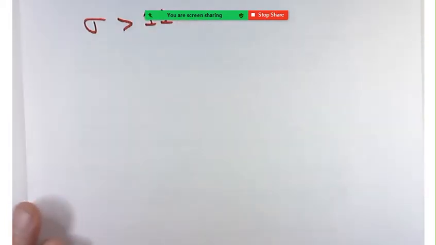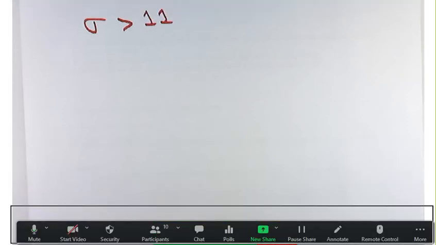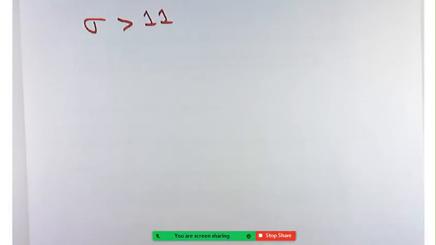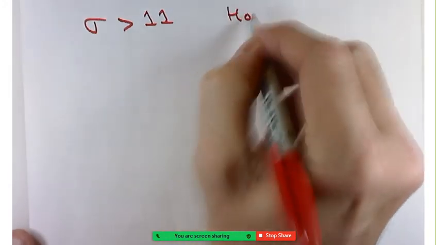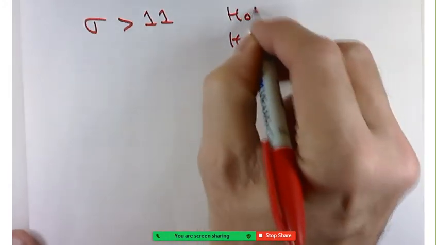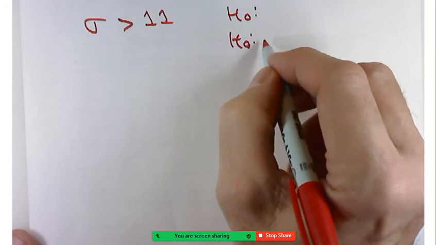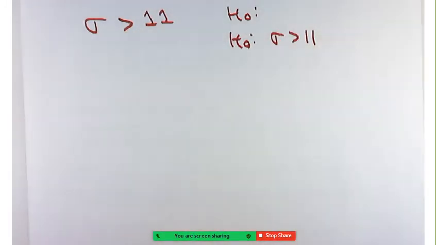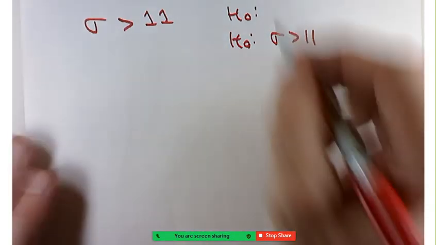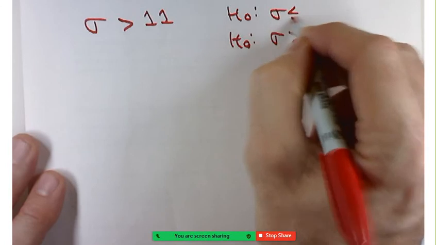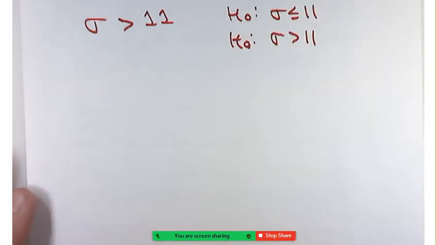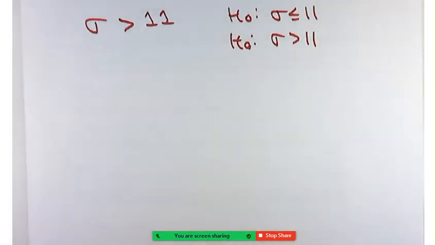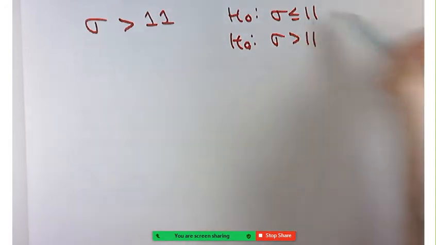In this case, the claim is that the standard deviation is greater than 11. Okay, sigma is greater than 11. If you set up your H0 and your HA, this has to be part of the alternative hypothesis because sigma is greater than 11. The null hypothesis is sigma is less than or equal to 11. Of course, my stat lab would call that sigma equals 11.